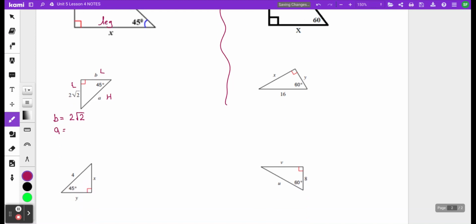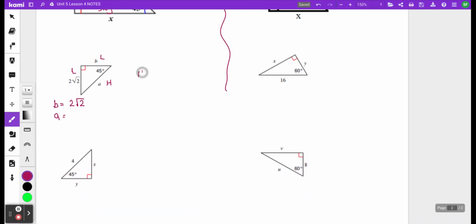Now our hypotenuse is equal to our leg, which is 2 square root of 2, times square root of 2. And I always remember that 45, 45, 90 degree triangles always have the square root of 2 because they have two angles and two sides that are exactly the same.